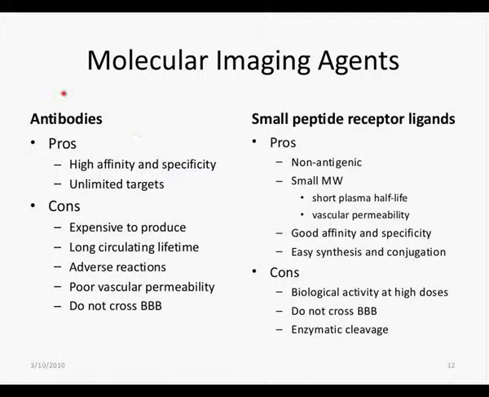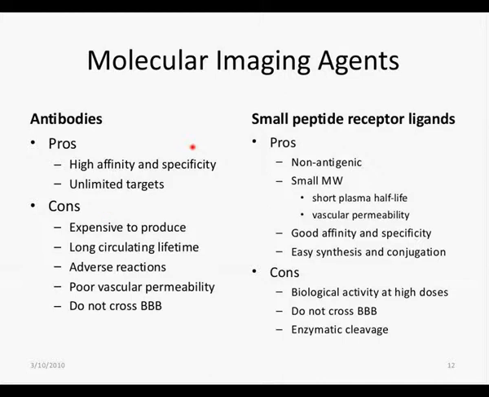Molecular imaging agents generally use a targeting agent of some sort, and what we work with a lot are antibodies and small peptide receptor ligands, which are smaller versions that have high affinity for, for example, cell surface receptors.